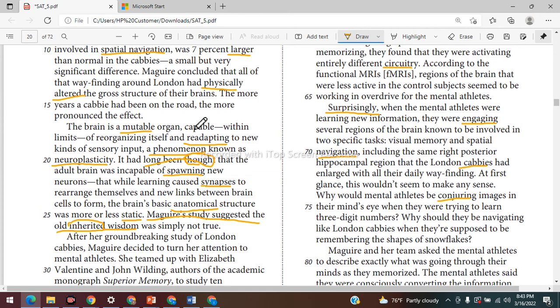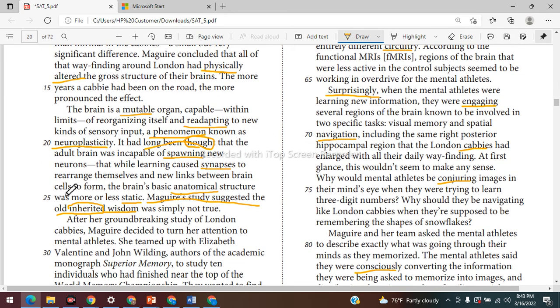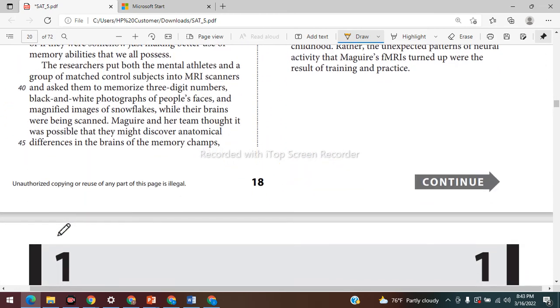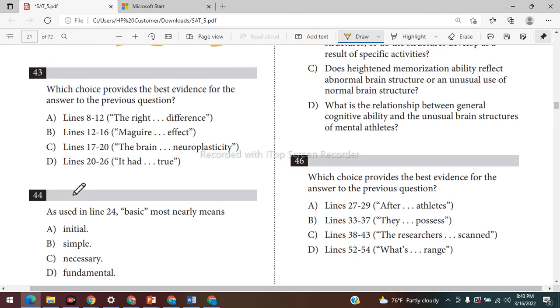B, line 20. So we got our answer from lines 25 and 26. And D is correct.